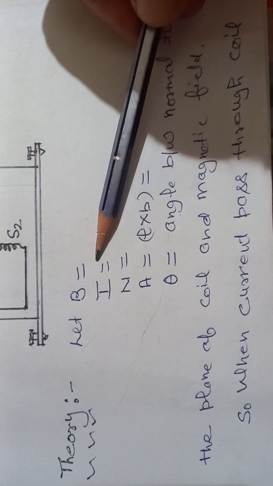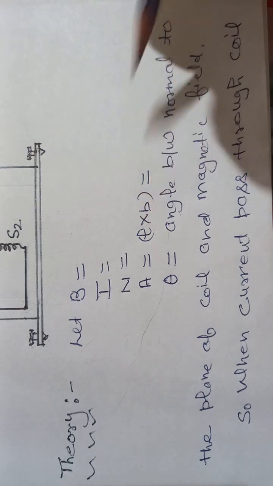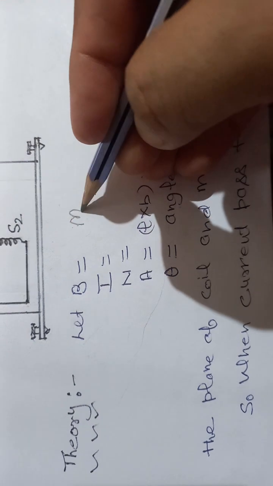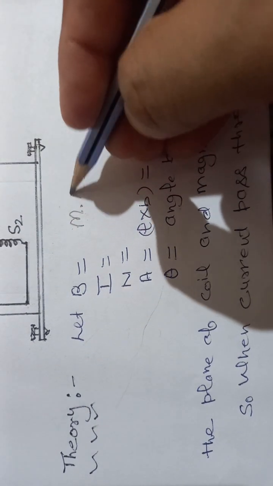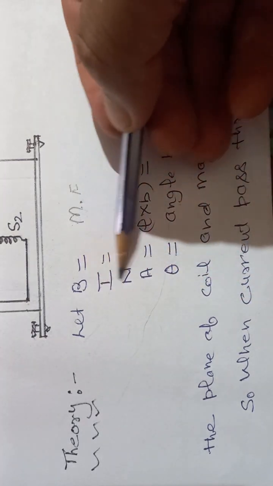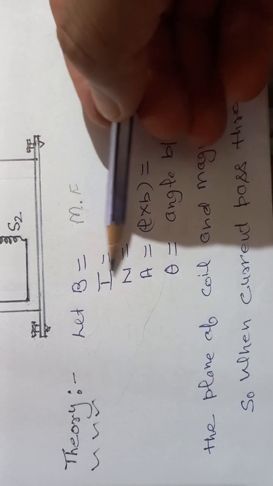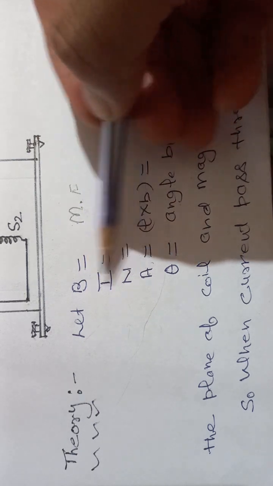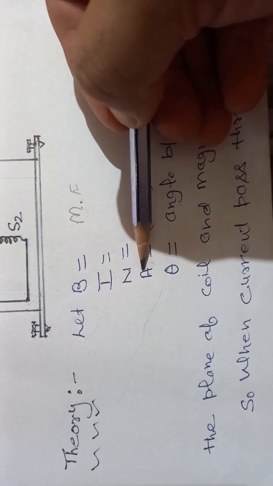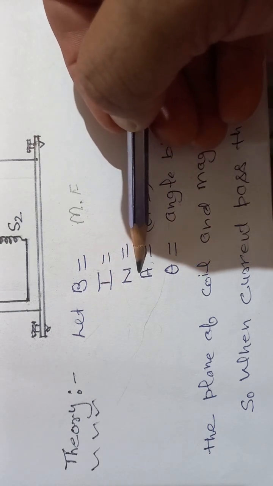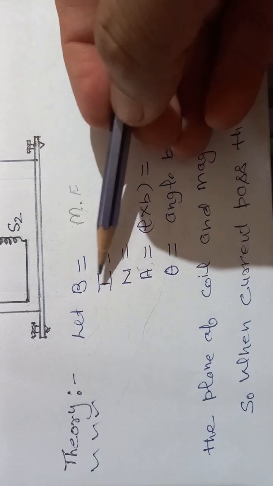Let B is equal to the magnetic field. Basically this relation I want to correlate with one famous song, that is Sajjana Tere Bina. So Bina means Tere Bina. Here Bina is the value of torque. By this song or this line you can memorize the value of torque acting on the coil, that is BINA.